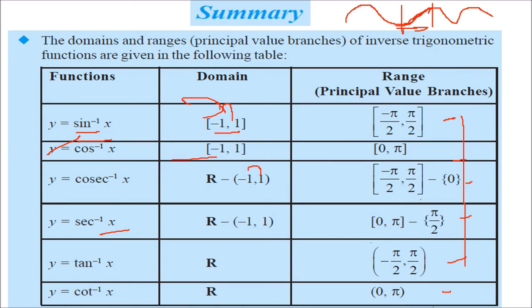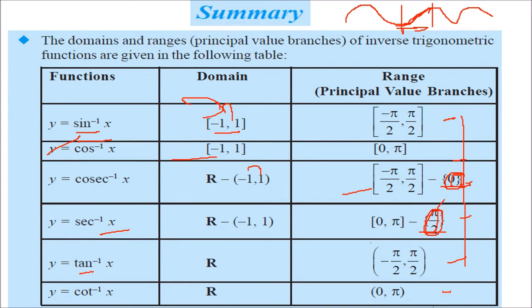And the range is minus pi by 2 to pi by 2, where 0 is not included. Here pi by 2 is not included because cosec is 1 by sine, so sine will be 0, and for sec the cos will be 0, because sec is nothing but 1 by cos. To eliminate the idea of 0 in the denominator, we just don't take these values.